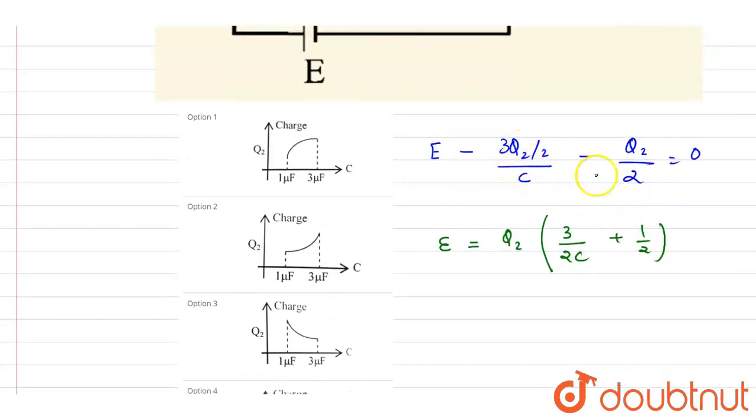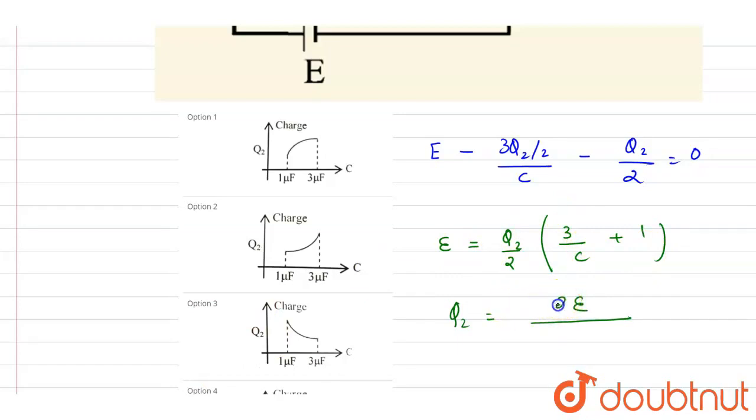If you see, 3 by 2C plus half. Now we will write down Q2 is equal to E upon, if you take this half outside, 3 by C plus 1.